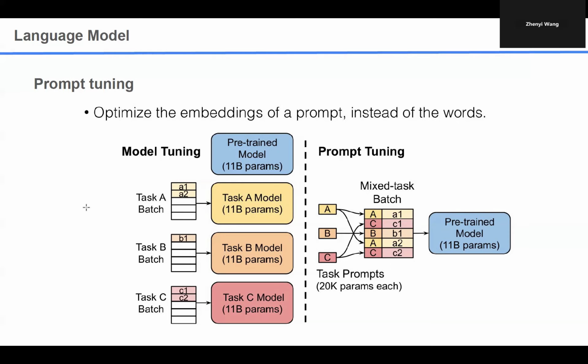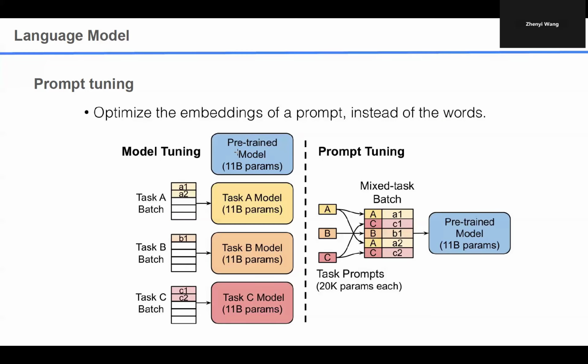For standard model tuning, we have a pre-trained model, and then we perform fine-tuning based on this pre-trained model. The disadvantage is that the current pre-trained models have a lot of parameters, such as 11 billion parameters.